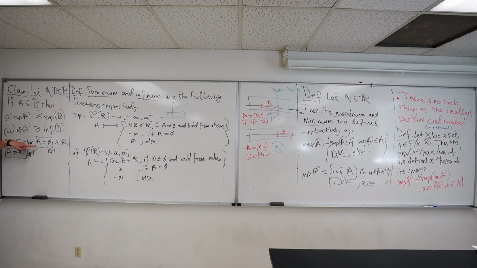In the first case, well, by definition, sup of A is minus infinity, and there's nothing to prove. And inf of A is positive infinity, and again, there's nothing to prove, because this is going to be an extended number, and any extended number is greater than or equal to minus infinity, for instance. Okay?